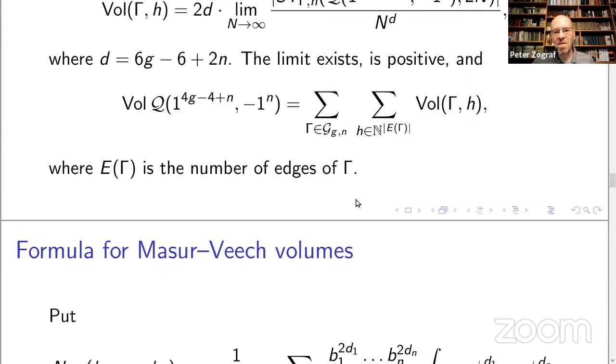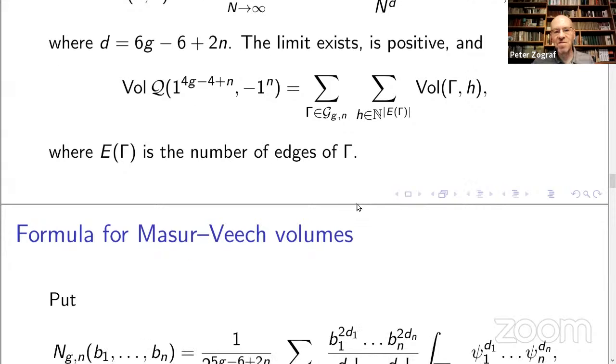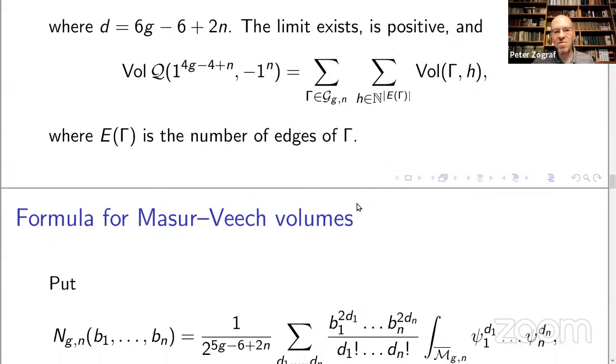Now, the first application of this correspondence between lattice points, square-tiled surfaces, geodesic multicurves, and stable graphs allows us to deduce the formula for Masur-Veech volumes of the moduli spaces.